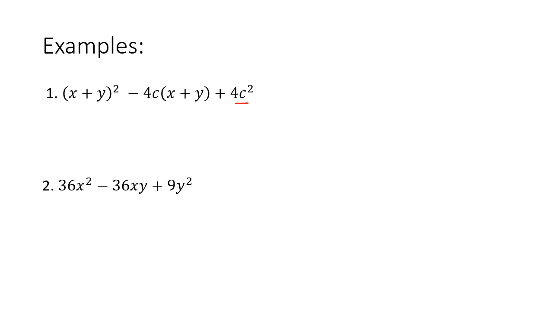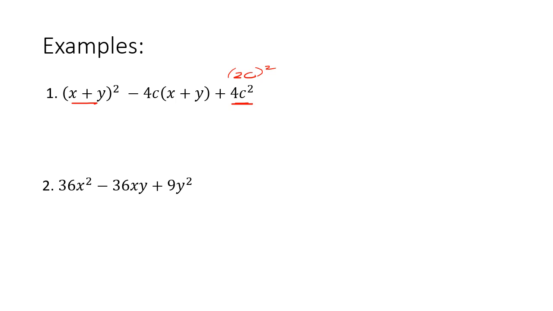So according to the trinomial, which is a perfect square, dapat yung first term nyo is a perfect square, also the second term, which if you want to get the roots of it, it's 2c, right? So if you try to square it, it should be equal to 4c squared, right? And dapat daw yung midterm nyo should be equal to twice the product of your first term and the second term.